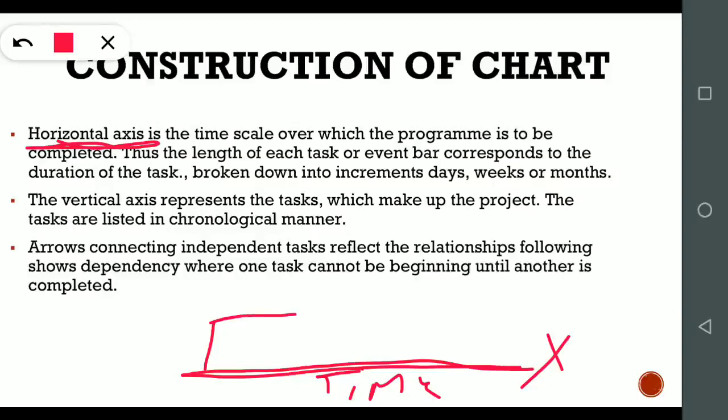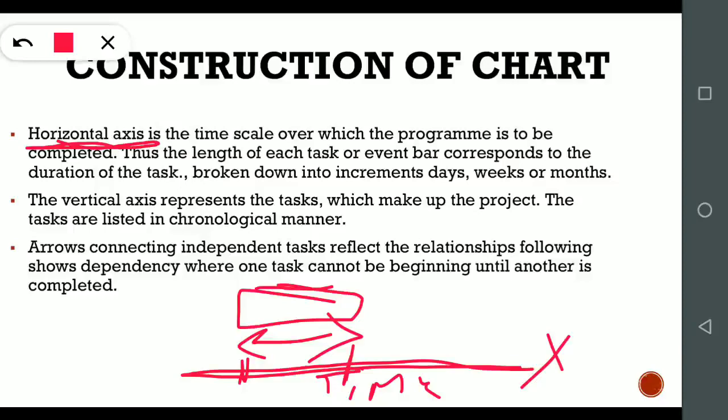Just a minute, we'll show it like this. One bar: from here to here, that much duration is required to complete task A or task B, whatsoever it is, broken down into increments of days, weeks or months. It can be days, weeks, or months. The duration can be of any type.